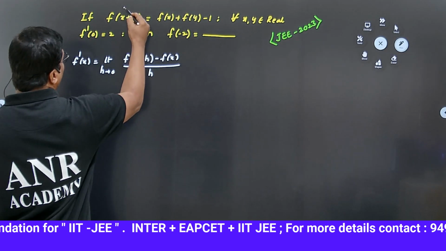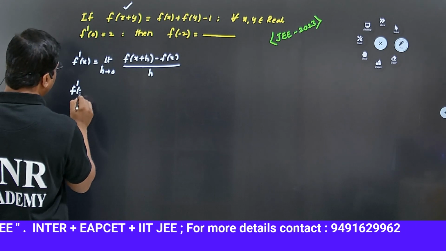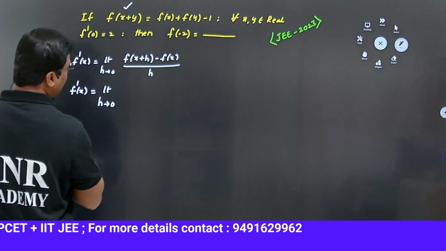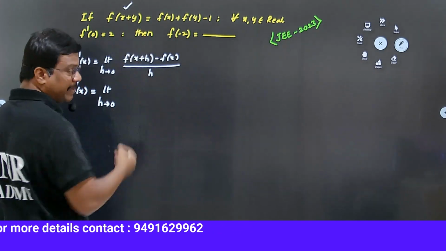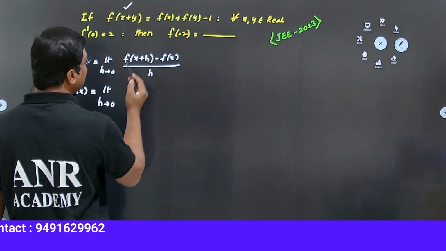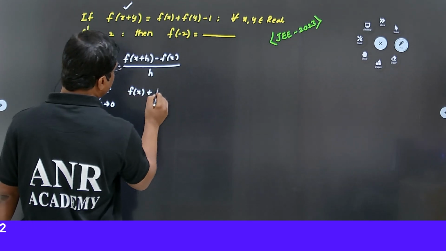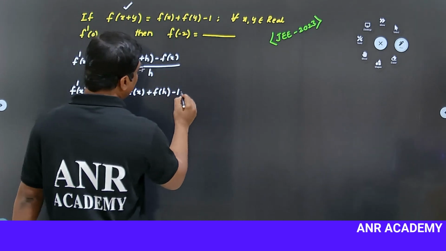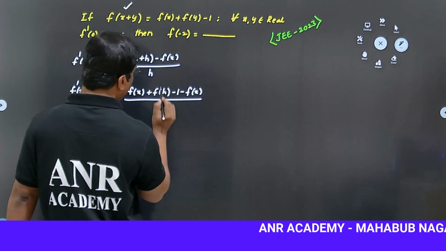I am going to use this functional equation. Now f dash of x is written as limit h tends to 0. First term f of x plus h is like f of x plus y. Using this functional equation, f of x plus h is written as f of x plus f of h minus 1, remaining minus f of x, whole divided by h.